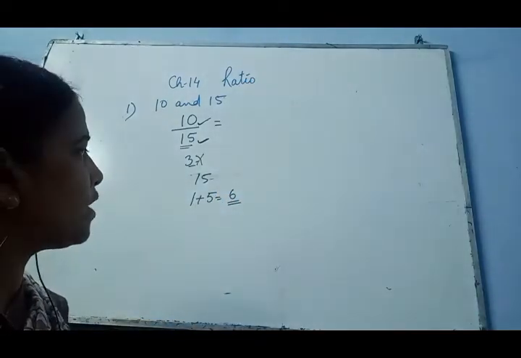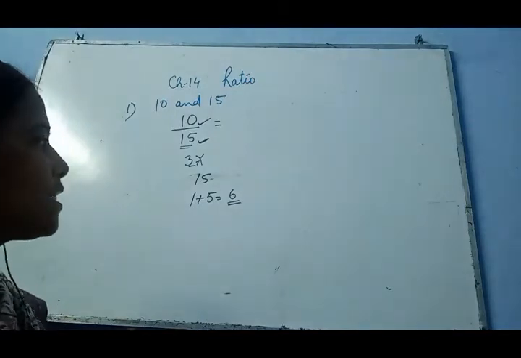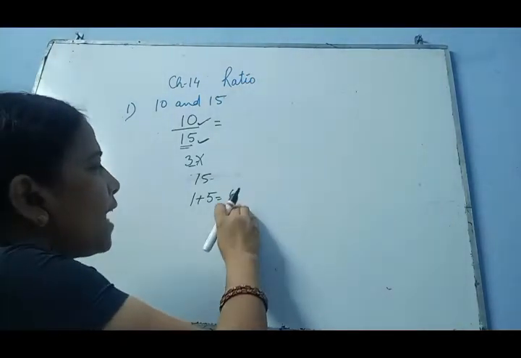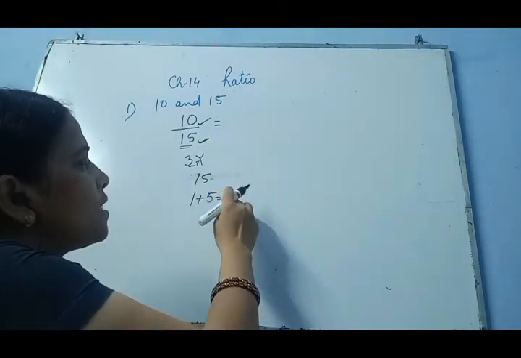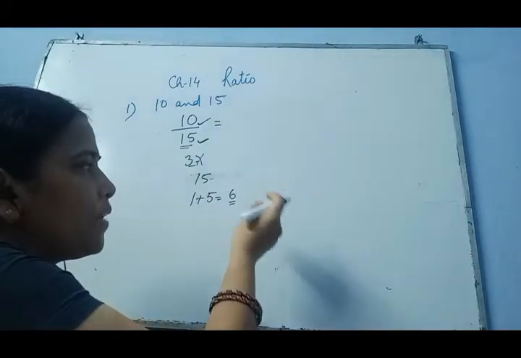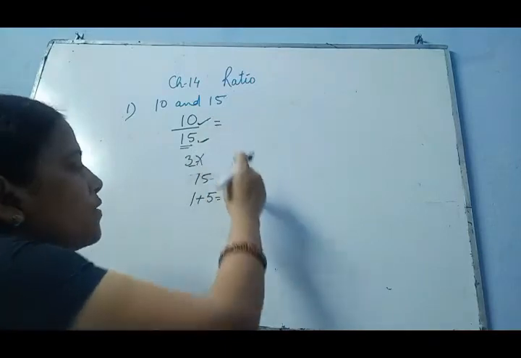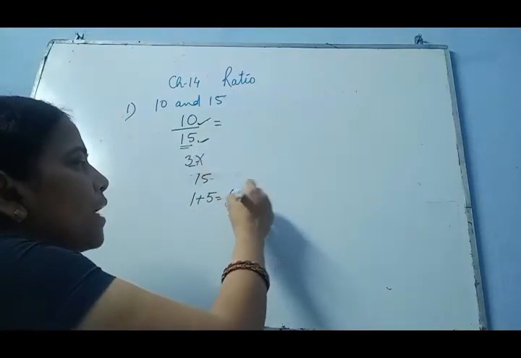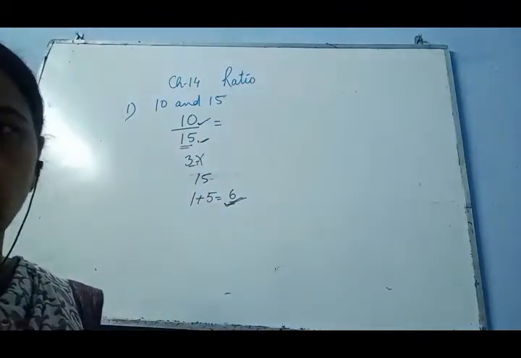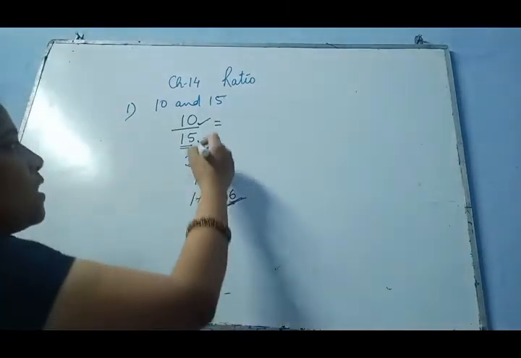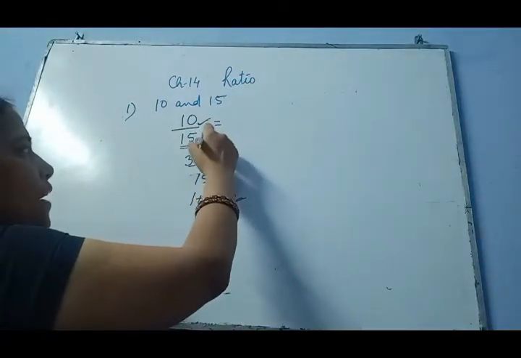The divisibility rule of 3 says that when the sum of the digits is divisible by 3, the whole number is divisible by 3. We know that 6 is divisible by 3, so 15 is divisible by 3.